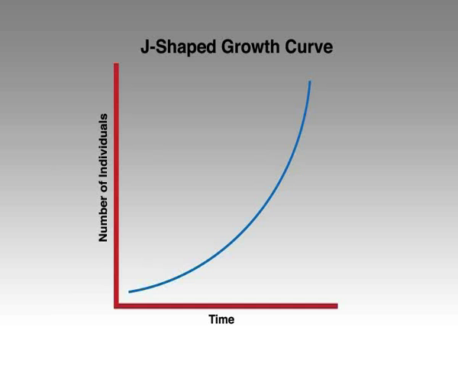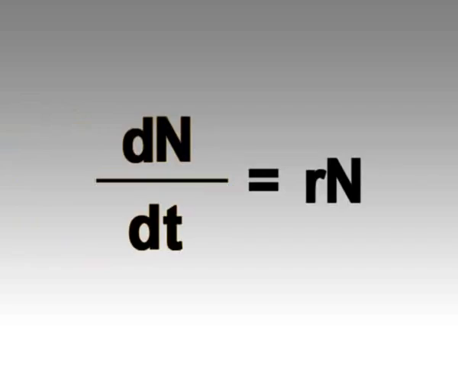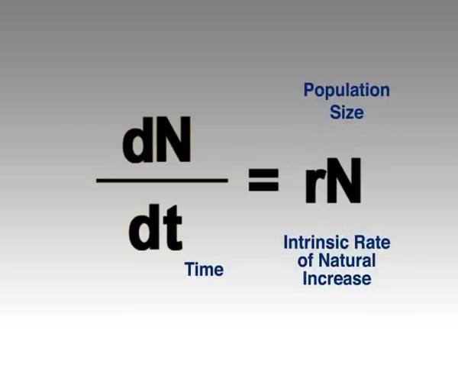Such a type of growth produces a J-shaped curve, and this growth model can be expressed mathematically as the rate of population increase with time t, that is dN/dt = rN, where N is the population size, t is the time, and r is the intrinsic rate of natural increase. dN/dt represents the rate of change in population size.